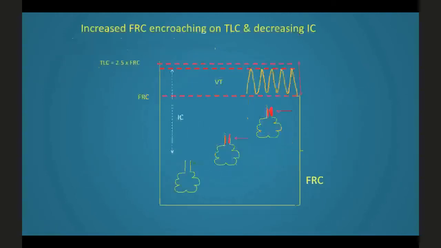Okay. So what happens with the continuous or persistent expiratory airflow limitation is, you can see the airflow limitation happening. The FRC gradually goes up with years of this pathology, and it almost touches the base of the exhalation.